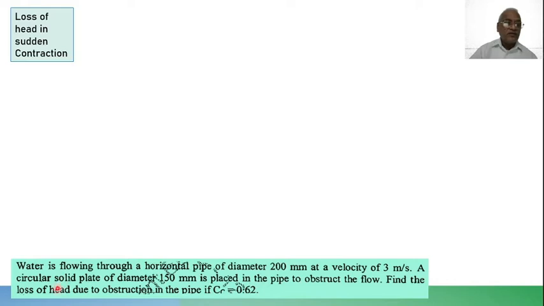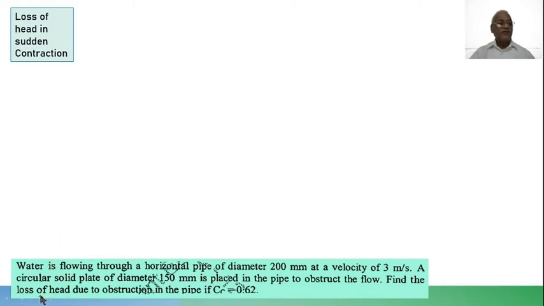A circular solid plate of diameter 150 mm is placed in the pipe to obstruct the flow. Find the head loss due to obstruction in the pipe, if Cc, the coefficient of contraction, is equal to 0.62.